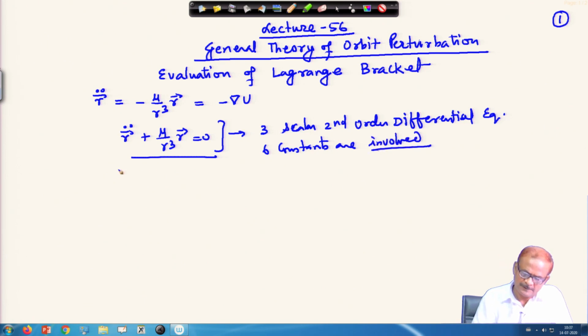And we have already identified those constants: a, e, i, small omega and capital omega.